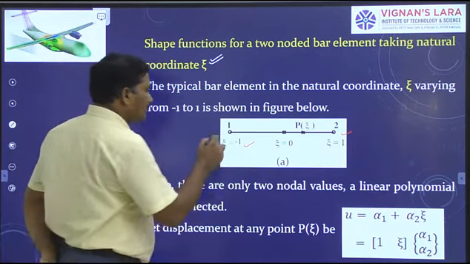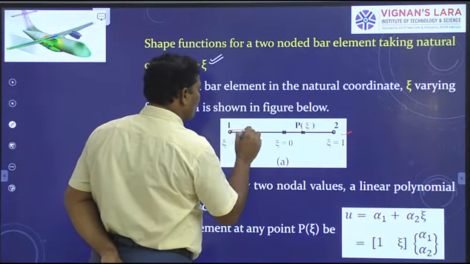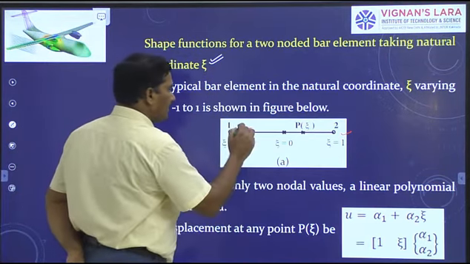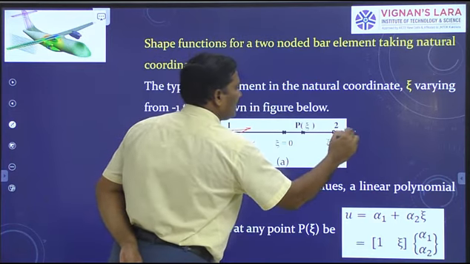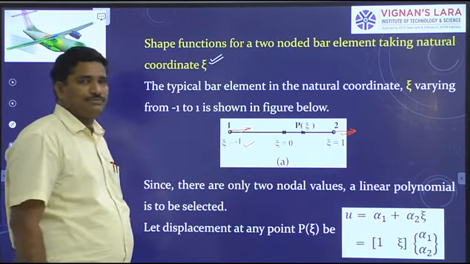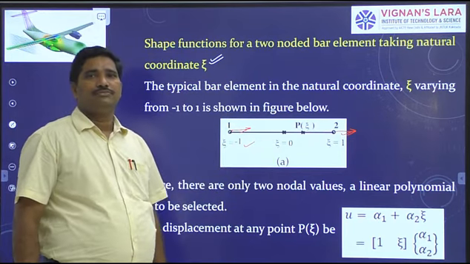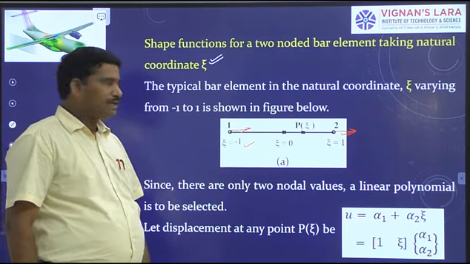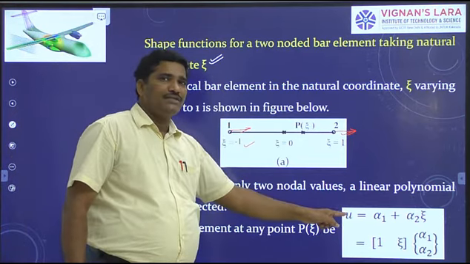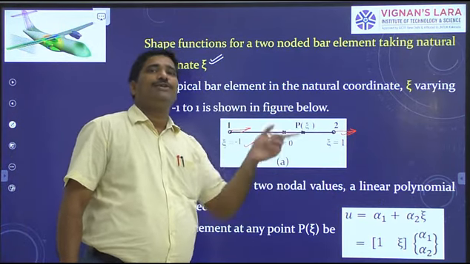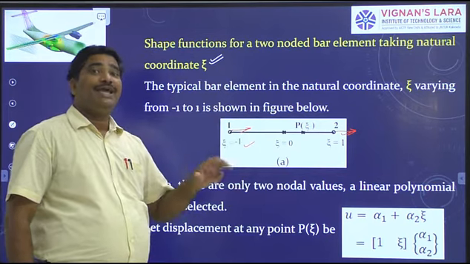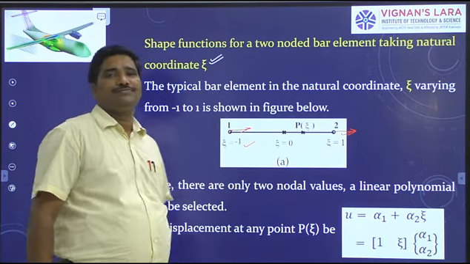How many degrees of freedom are there in the element? There are 2 degrees of freedom. 1 degree of freedom at node 1 and another degree of freedom at node 2. Therefore, there are 2 degrees of freedom. We take the displacement function as a polynomial in coordinate ξ with the same number of constants.